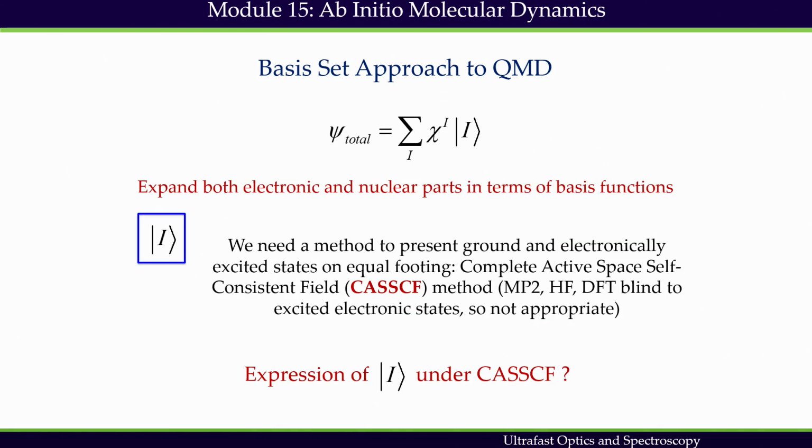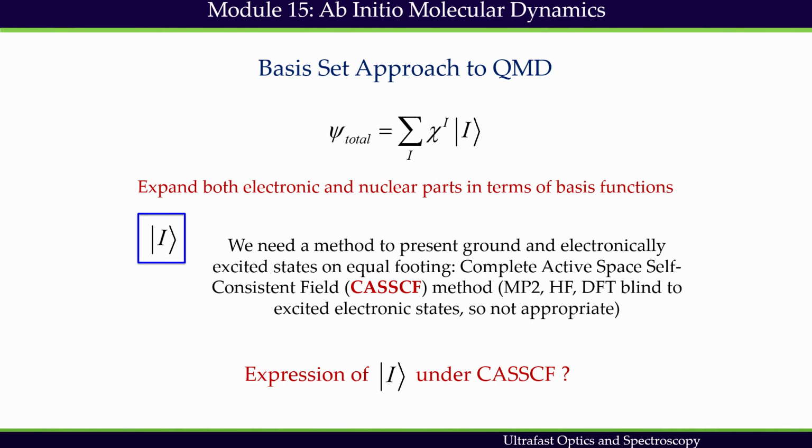To represent the electronic part, we clearly need a method which can represent both the ground and electronically excited states on equal footing. For example, one can use the complete active space self-consistent field method, CAS-SCF, and by this method one can access electronically excited states.